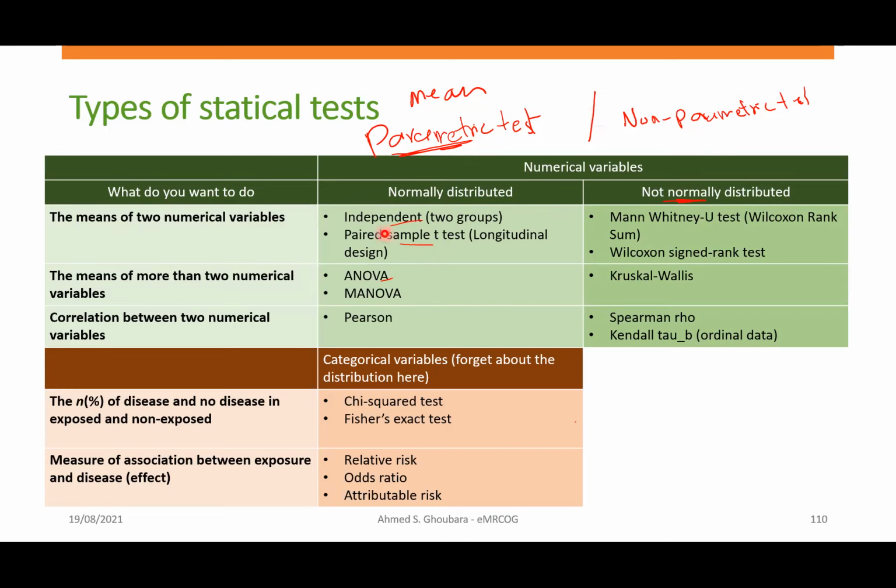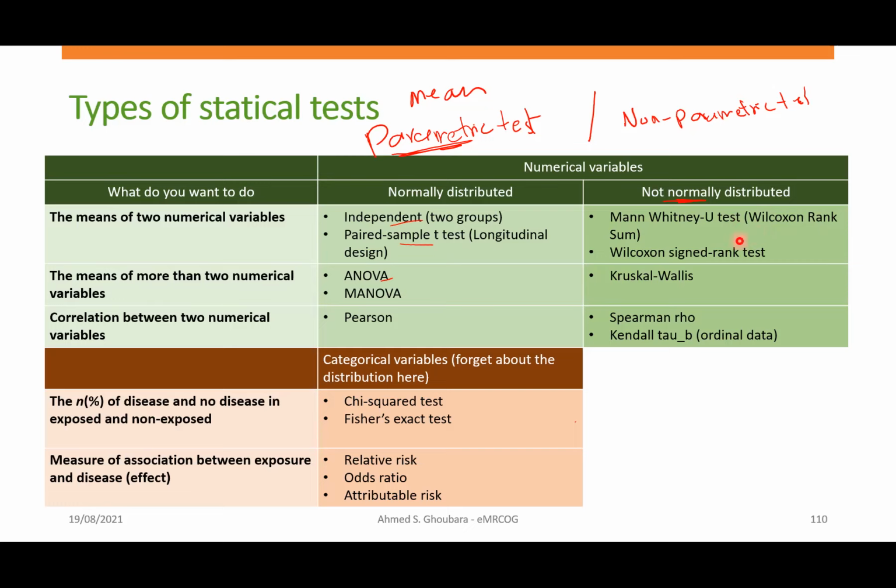So what's the non-parametric alternative of the independent t-test? Something called Mann-Whitney test. Or it does have another name, Wilcoxon rank-sum. I know it's actually very tough to remember all these scientific names, but that's how it works.